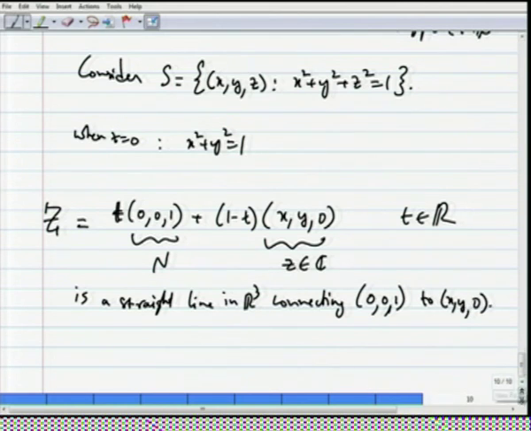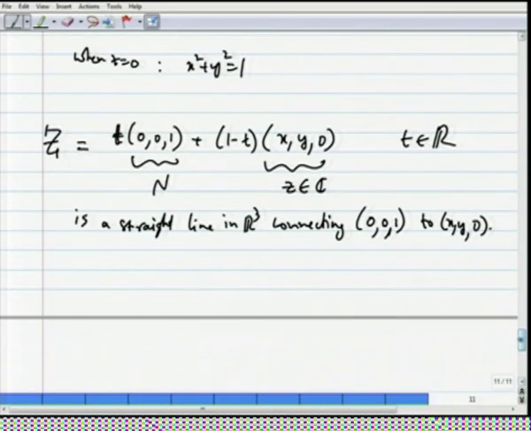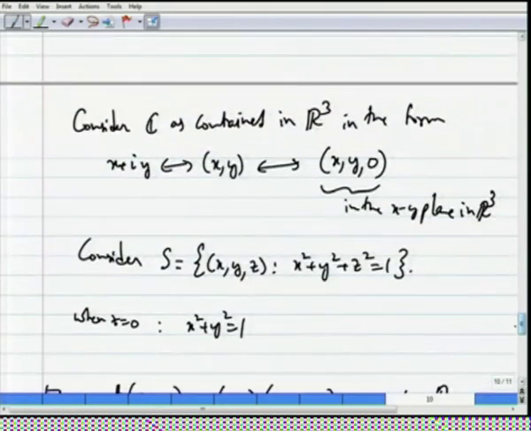Now, the complex numbers are on the x y plane. The point of intersection of this line with the sphere can be calculated. S is the set of all points such that x squared plus y squared plus z squared is equal to 1.